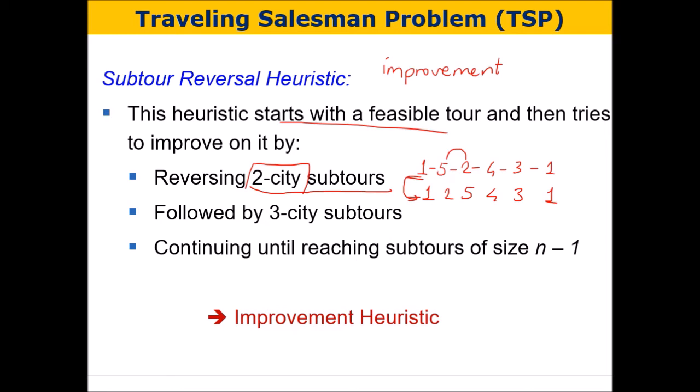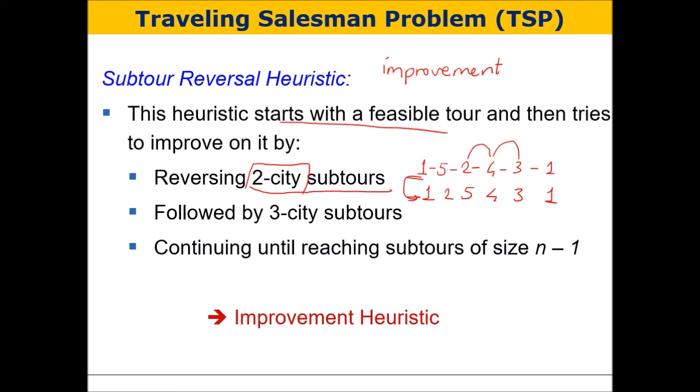But of course this is just a change on the initial one, and we don't know if it is better or not, but there are other alternative changes. For example, we may change the order of 2 and 4, 4 and 3. So, consecutive 2 cities.